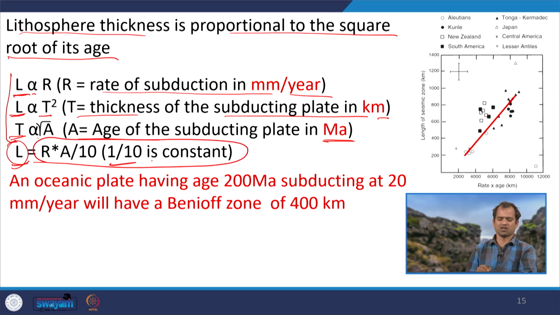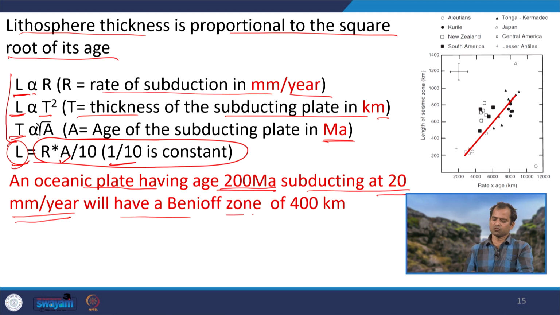This is a constant. If we put different values in this formula, for example an oceanic plate of 200 million years age subducting at 20 mm per year, it will have a Benioff zone of around 400 kilometer.